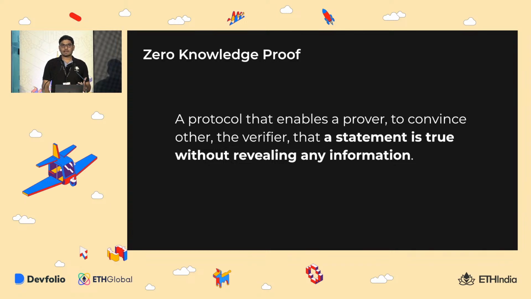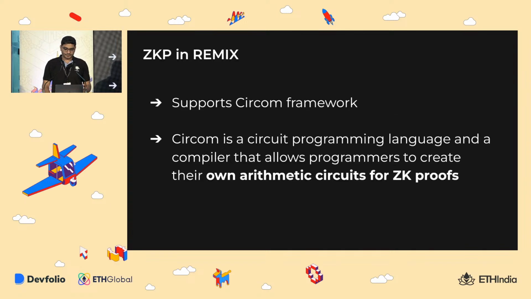And this is creating lots of use cases. Remix supports the Circom framework. Circom allows you to write your own arithmetic circuits for these zero knowledge proofs. There is this circuit programming language which you can use to write your own logic.